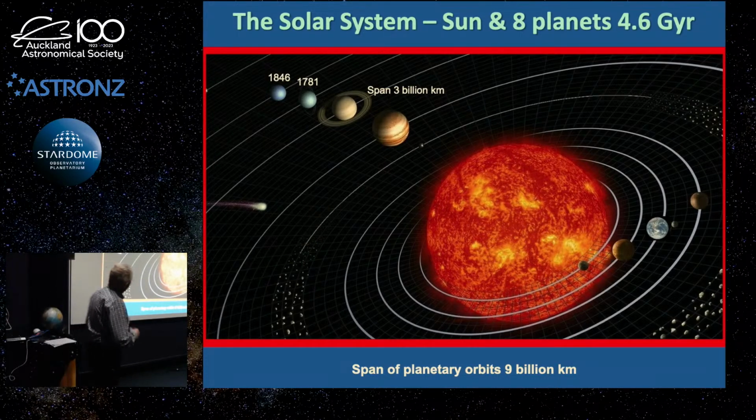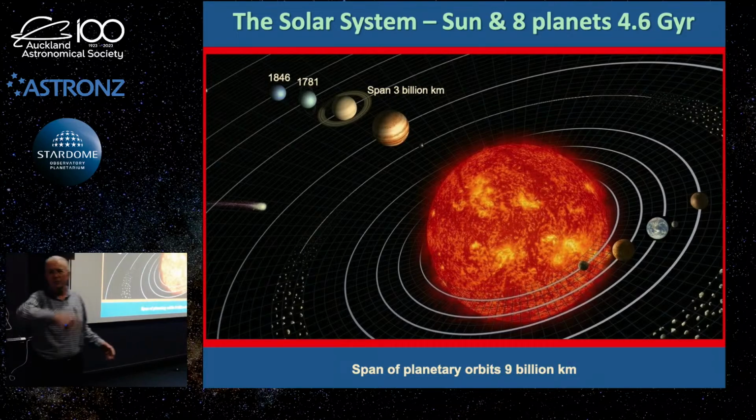Then in 1846, some people had noticed that the orbit of Uranus was slightly out of kilter. Something was going on. And they had concluded that somewhere out there must be another large planet that's disturbing the orbit of Uranus.